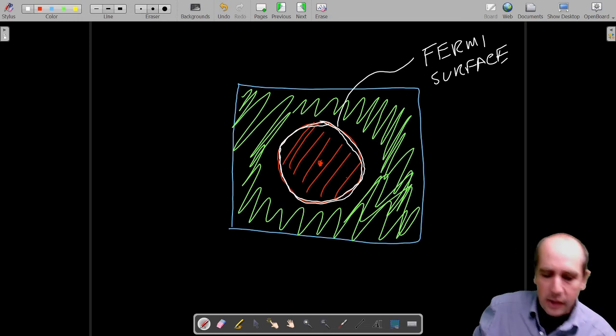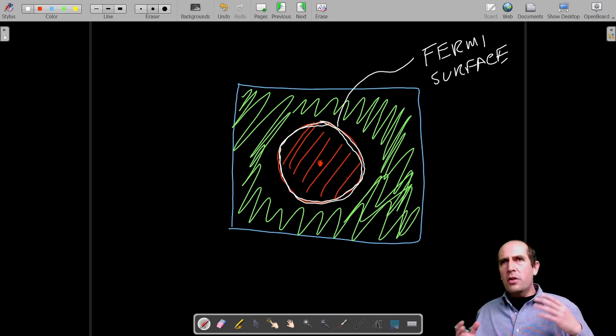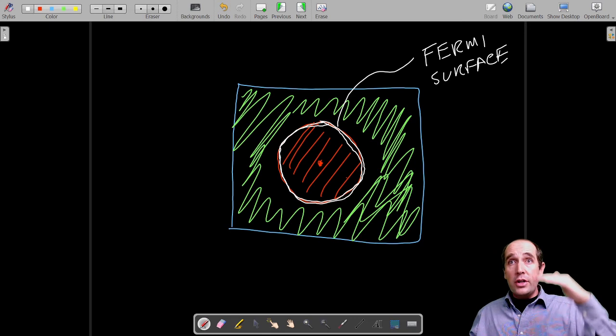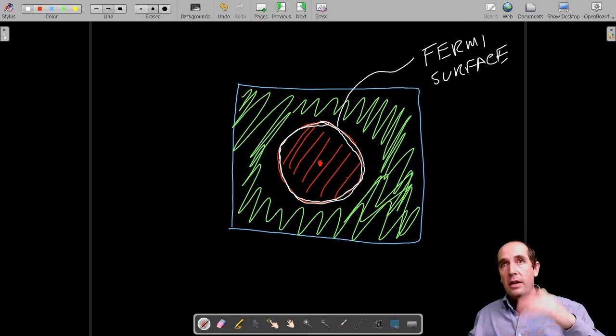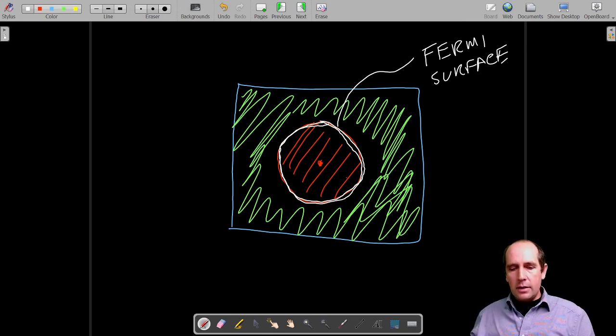Okay, and so it's essentially the same concept as in the energy. The Fermi energy is the energy that separates the populated and unpopulated energy states. In the K space, the Fermi surface is the surface that separates the occupied from the unoccupied K states.